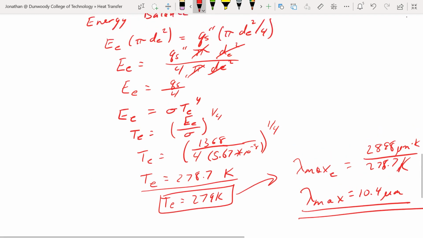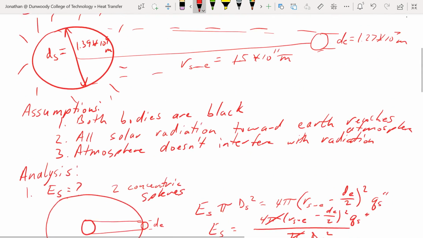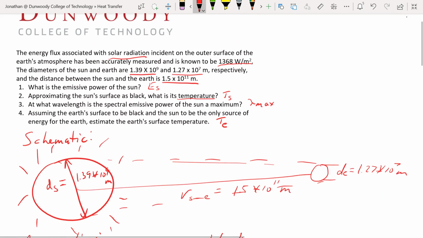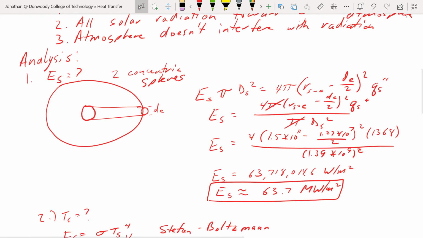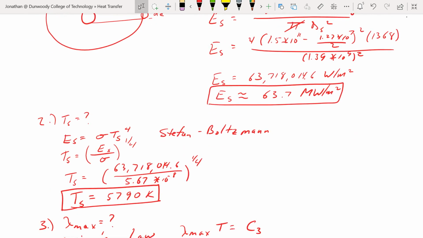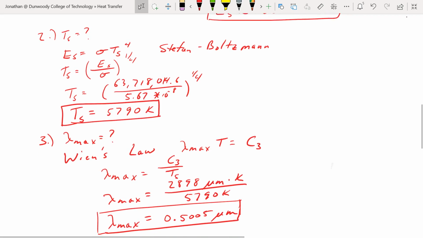So I hope that was helpful. Kind of big picture, where do we come from, where do we go? We're looking for these emissive powers, knowing a heat flux at a given point. We made this model that we have solar radiation going all these directions. We're looking for the little bit that hit here. What percentage of that was the area on the sun? So we found the emissive power using that relationship. Then using that emissive power, we can calculate the black body temperature of the sun, and that worked out to be about 5800 Kelvin.